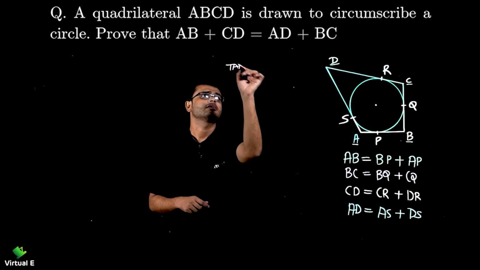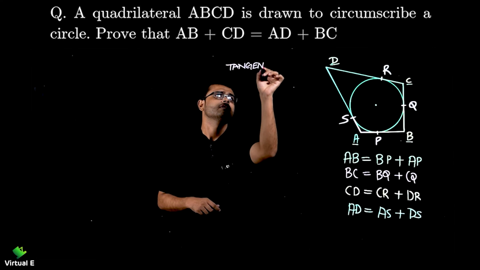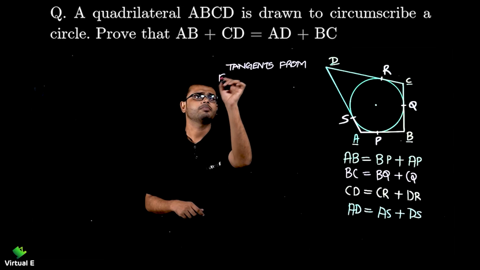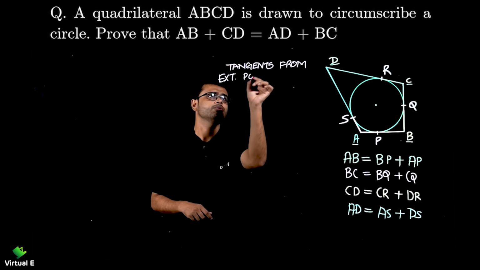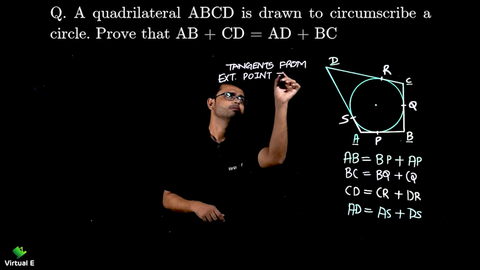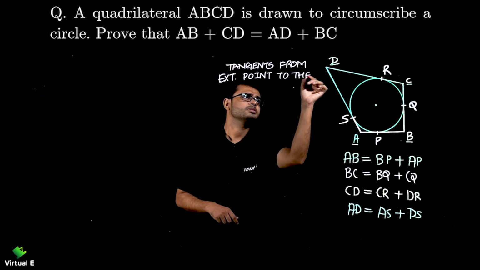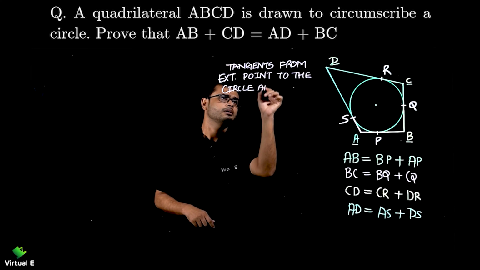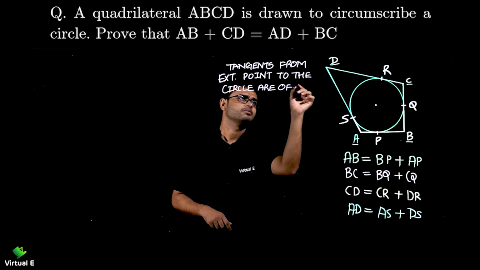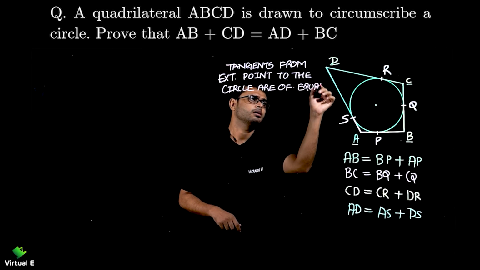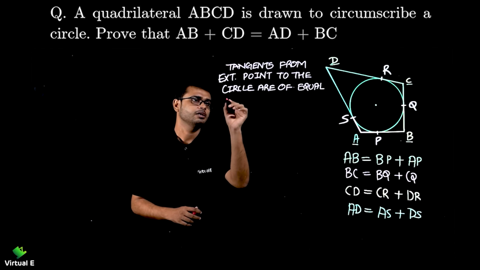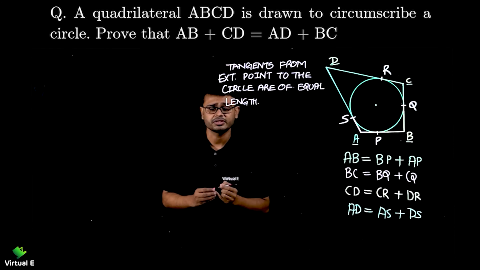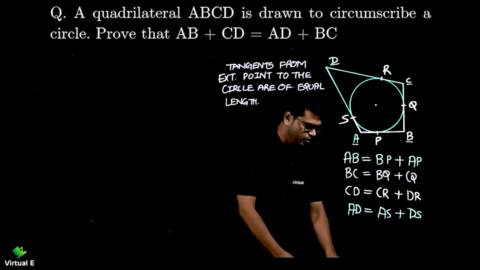Let's write: tangents from an external point to the circle are of equal length. Done. Theorem is written.